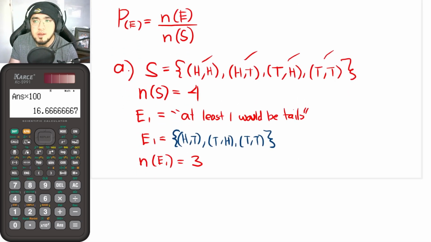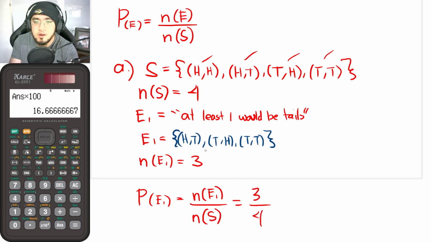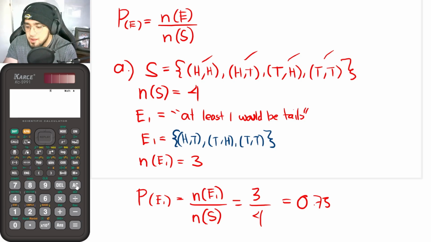So with that being said, the probability of event 1 is once again equal to the number of possibilities for event 1 divided by the number of the total sample space. So from that, that is now equal to 3 over 4. So 3 over 4 is now equal to 0.75. If you do not believe me, just look at the calculator to your right, left, I should say.